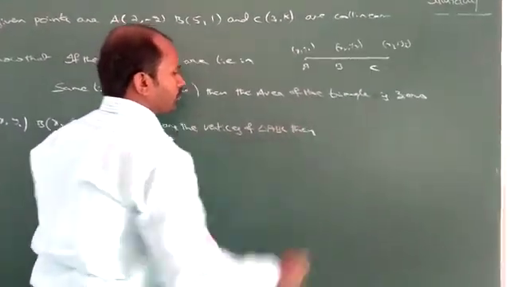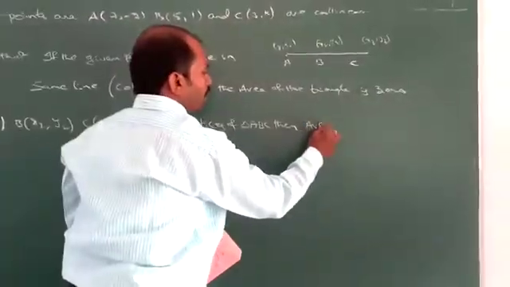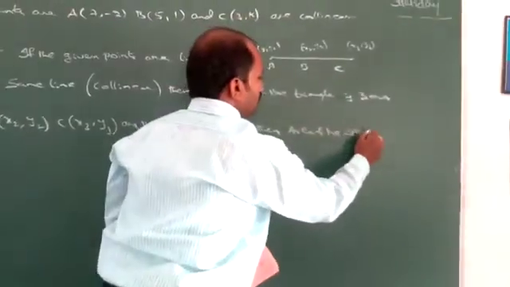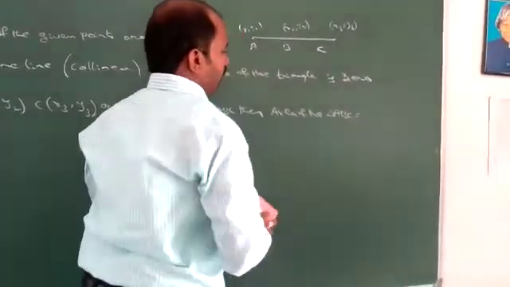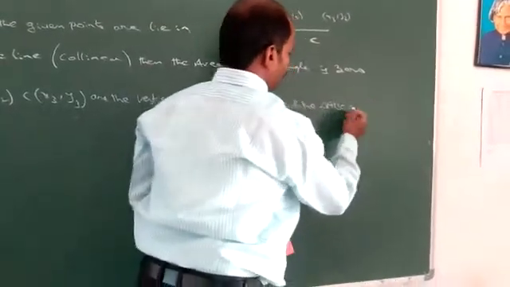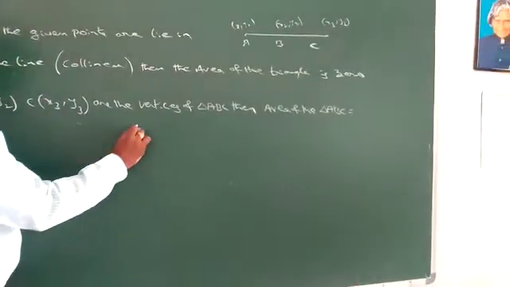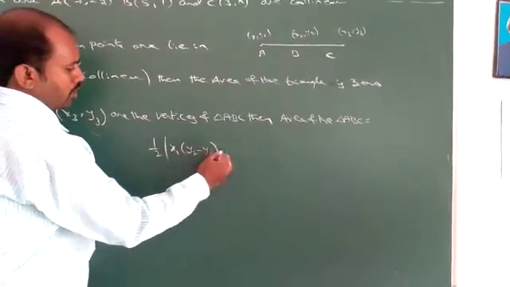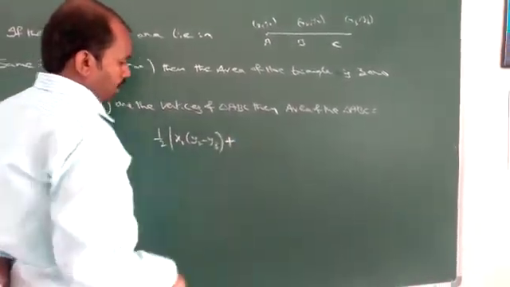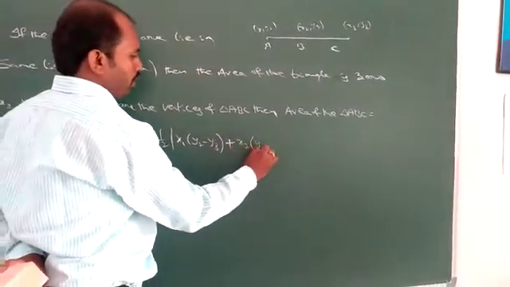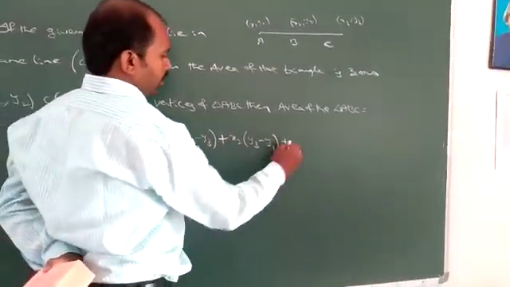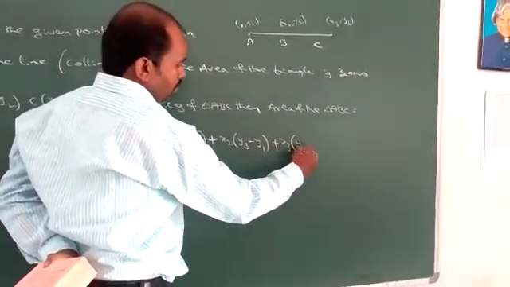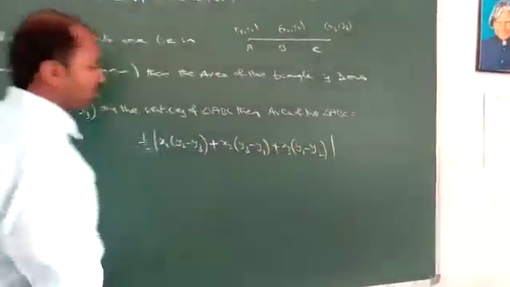Then the area of triangle ABC is equal to half of modulus of x1 into (y2 minus y3) as the first term, second term plus x2 into (y3 minus y1) plus x3 into (y1 minus y2), modulus close.